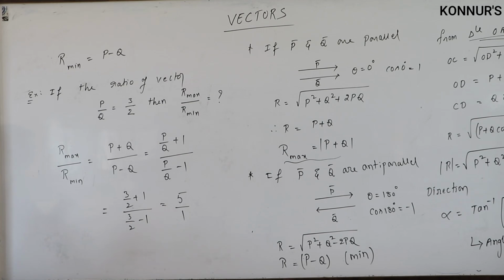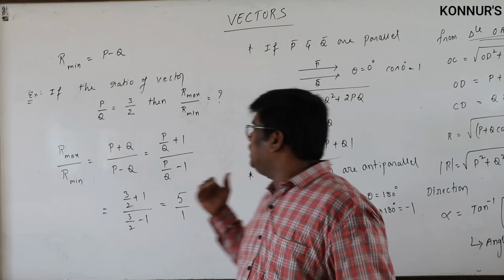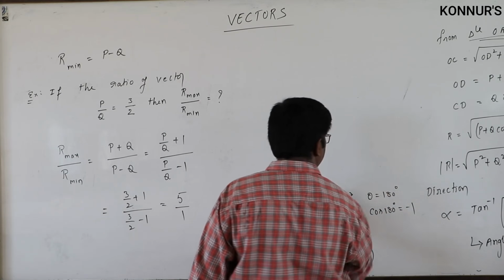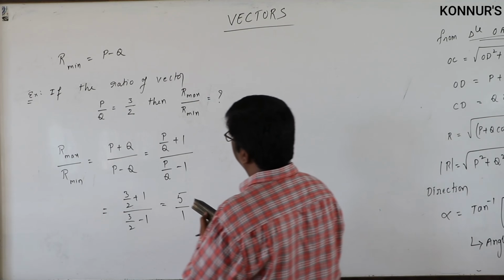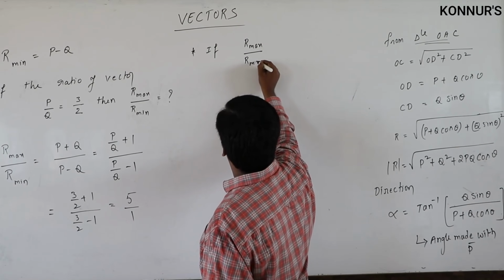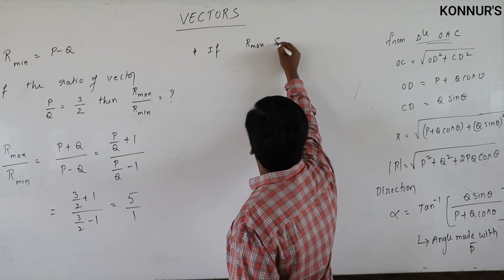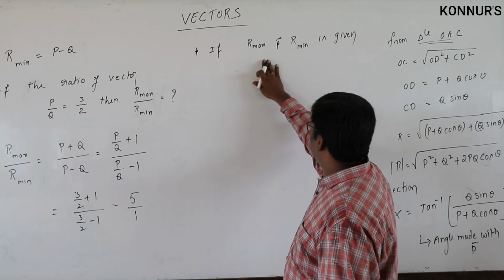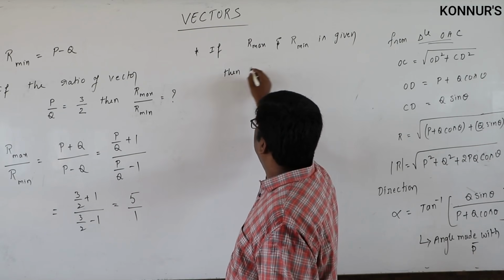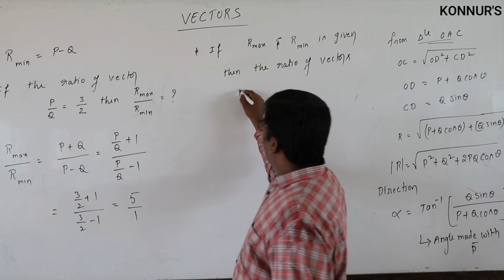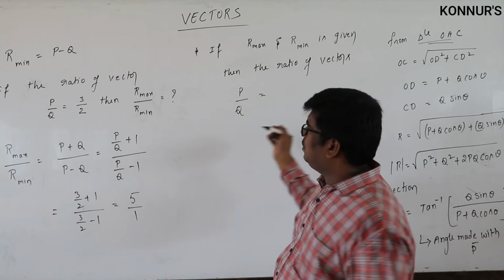If they give the ratio of r max to r minimum, and ask for the ratio of the vectors p by q, you can write it by simplifying the same expression.